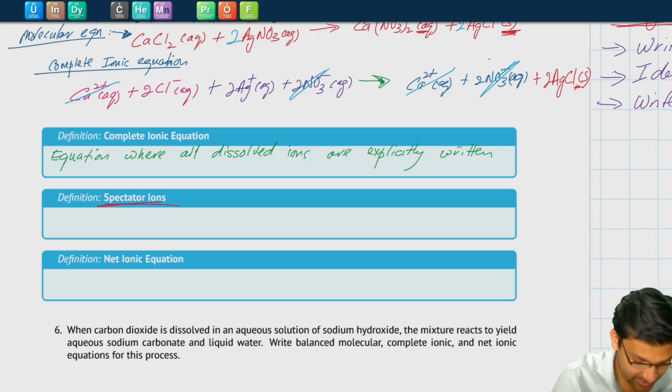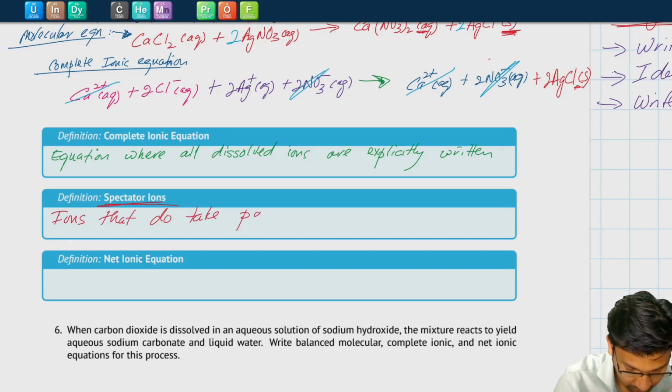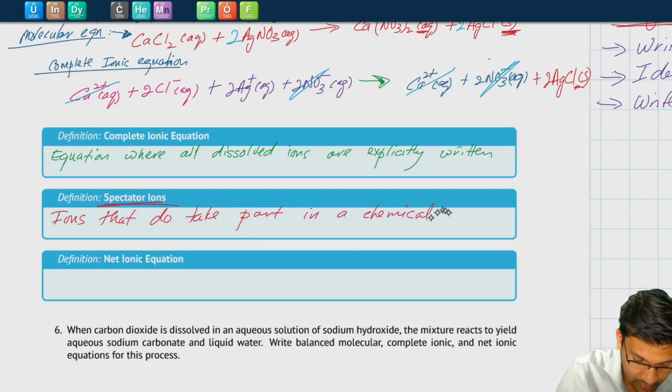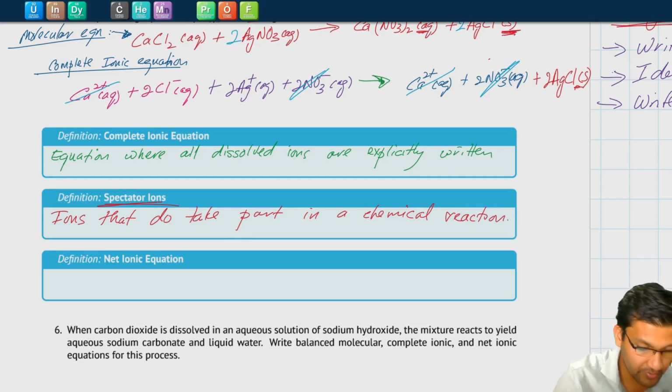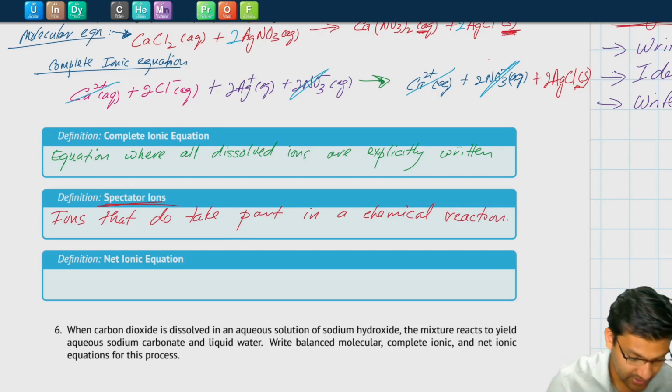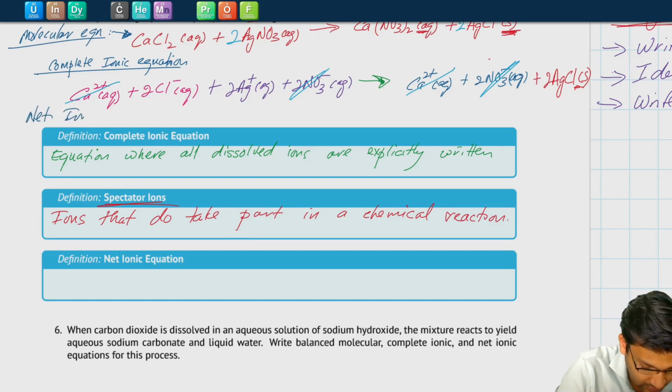So spectator ions are ions that do not take part in a chemical reaction. In this case, they're usually here just to balance out the charges from the compounds that we had. So what that leads to is what we call a net ionic equation.